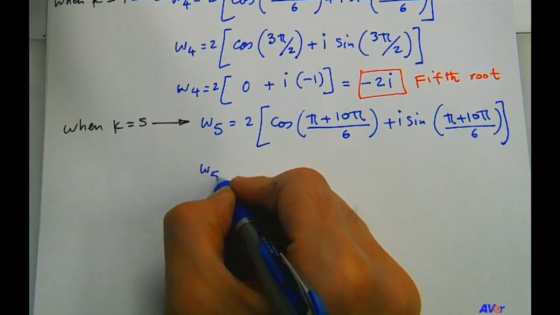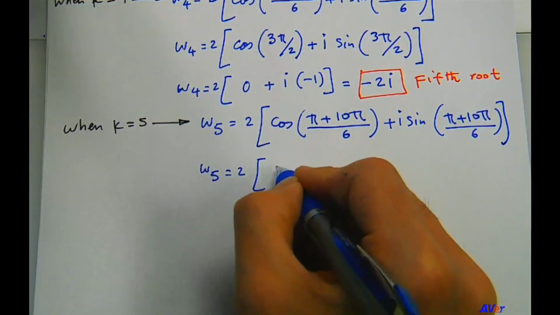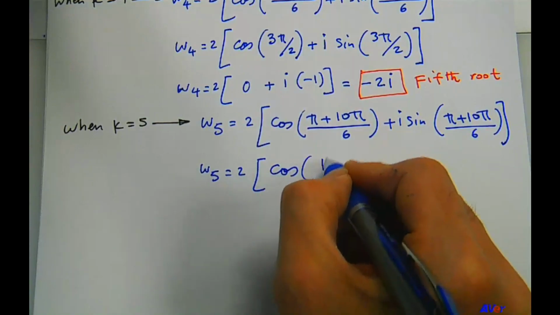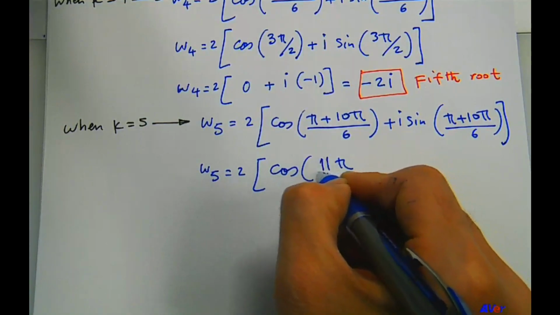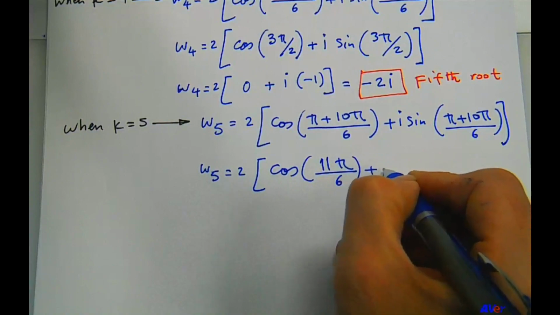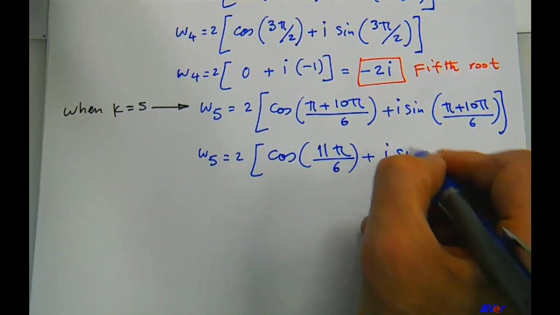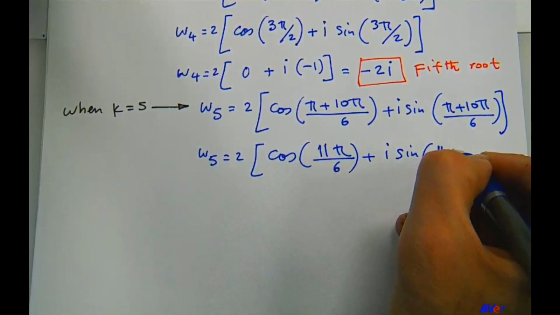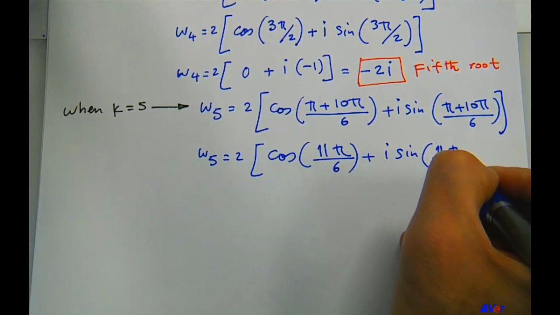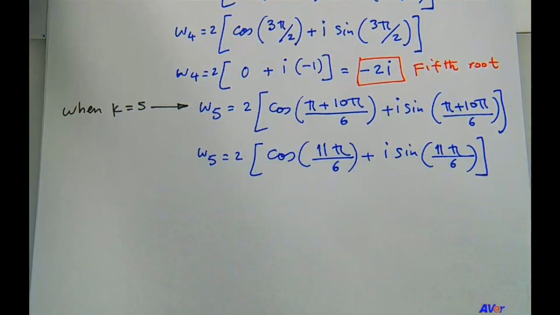So what do we get? We get 2 times cosine of 11 pi over 6 plus i sine of 11 pi over 6.